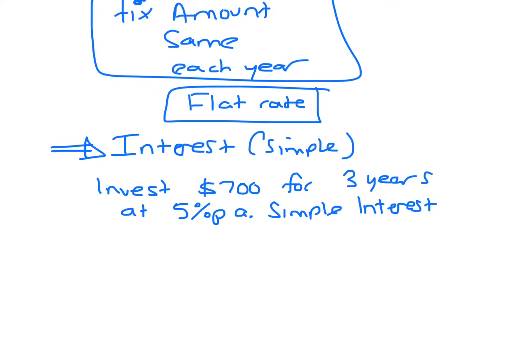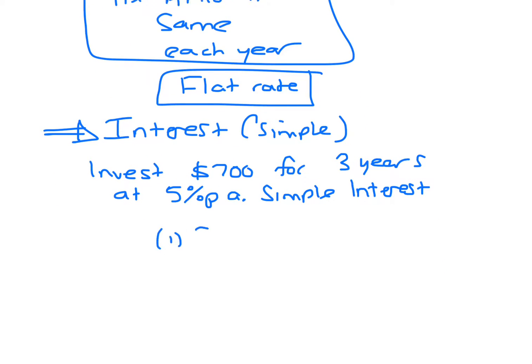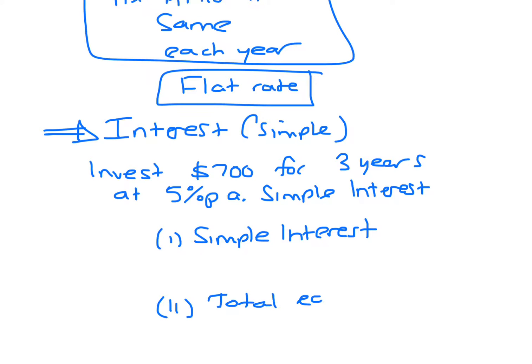Okay, so first thing we want to be able to do is to find what the actual simple interest is that you make. And the second thing is the total that you earn altogether once the interest is paid. So the total, let's say the total value of the investment.